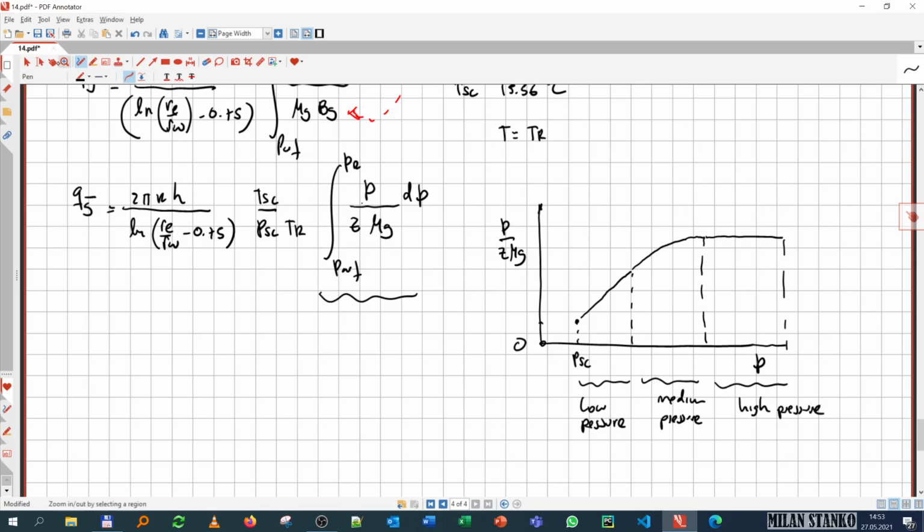If your PWF and PR are in this region, the IPR is going to behave in a certain way. If they are in this region, they behave in a certain way, and in this region, also in a certain way. It's going to behave differently in these three regions.